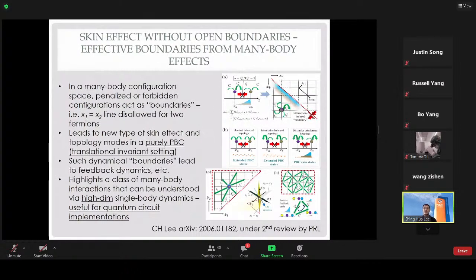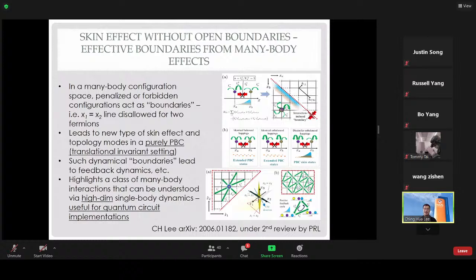Now before I go on, I'll touch on the last idea, which applies to both Hermitian and non-Hermitian systems. The idea is that when you have an interacting system with multiple particles, we can consider how the system looks in configuration space, where we have, say, one axis representing the position of one particle and a different axis, a different dimension, representing another particle.